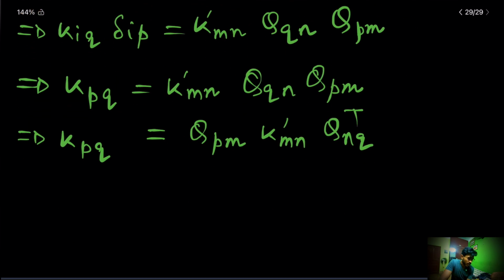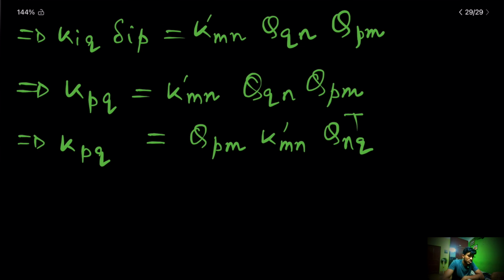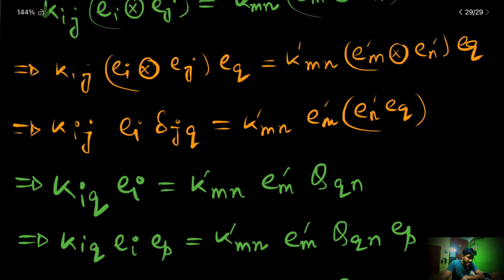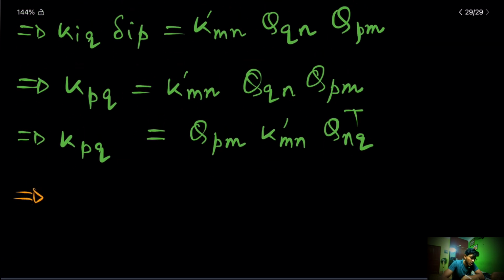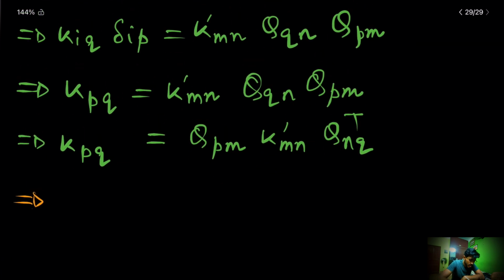Here also we will use the same, so I will just change the free indices. For the undashed coordinate system we had Ij as our index, Kij. So let us replace this P with I and Q with J.